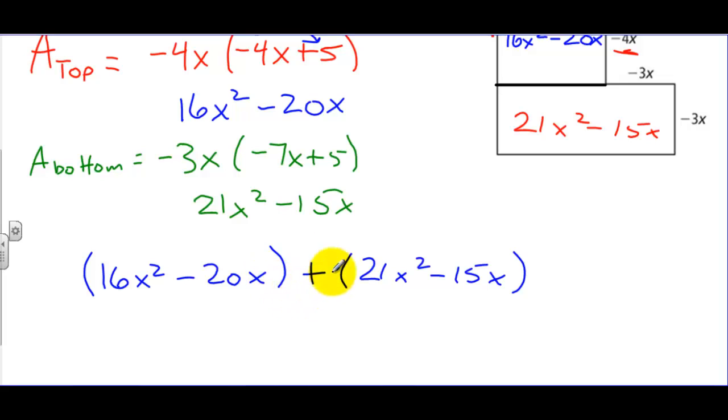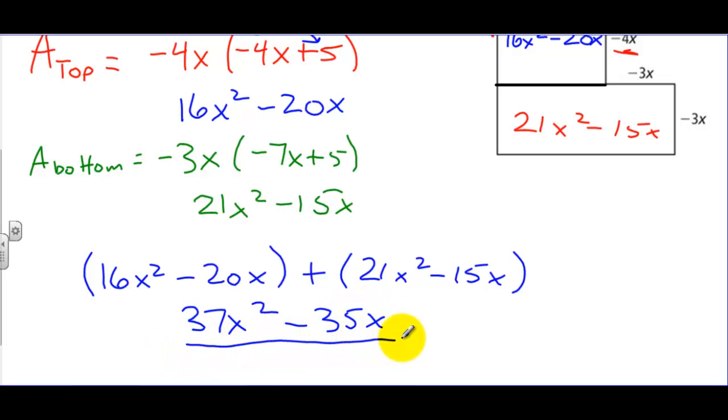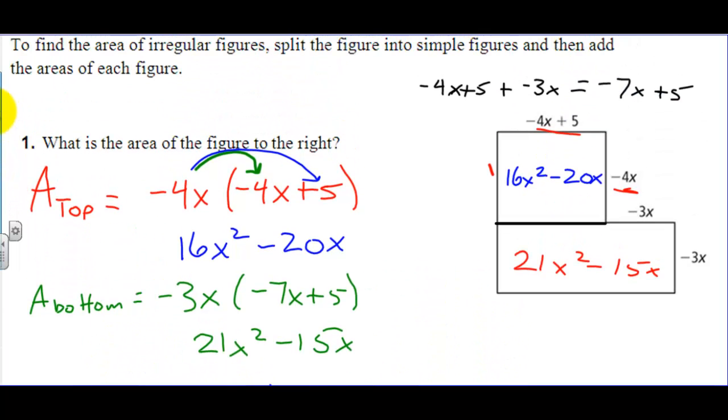Remember, when we're adding polynomials, we're just going to combine like terms. 16x squared plus 21x squared is 37x squared. Negative 20x plus negative 15x is negative 35x. So the final answer to this problem, 37x squared minus 35x, represents the area of the original picture, the shaded region, because I added together the two rectangles that I created.